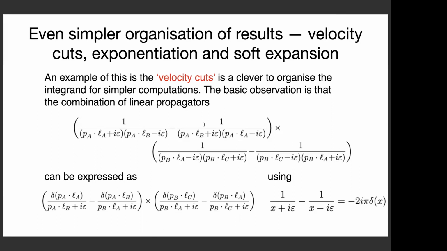So we saw in the computations that we can do things brute force, but we gain a lot of insight from doing some basic observations that simplify computations. And one such thing is that we can organize the integrand in a simpler way. In that simplification, we can use a concept called the velocity cuts.